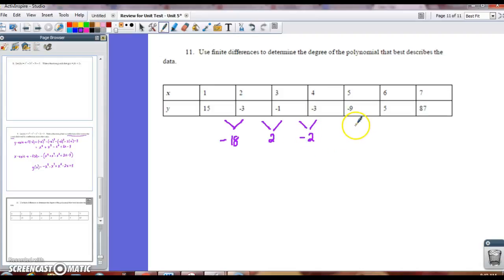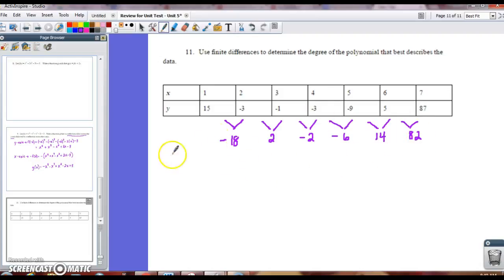Here I have -9 minus a -3, that would give me -6. Here I have 5 minus a -9, which gives me 14. And here I have 87 minus 5, which gives me 82. Holy cow, there's a lot going on there.